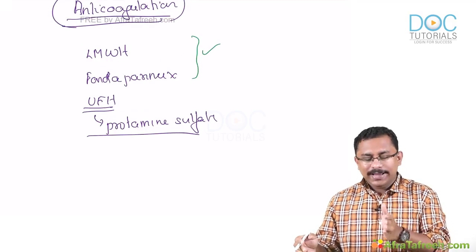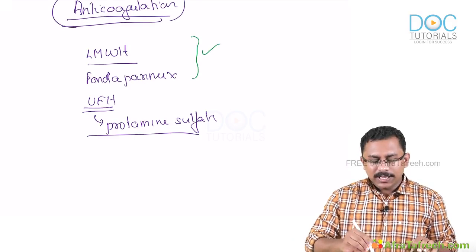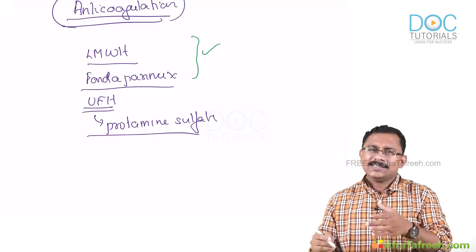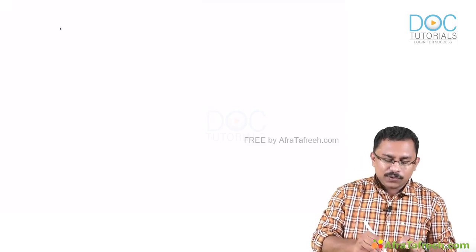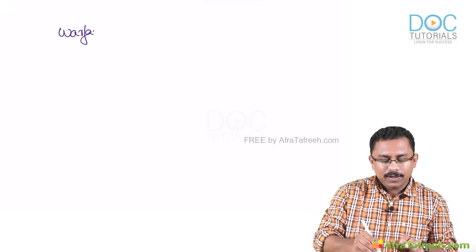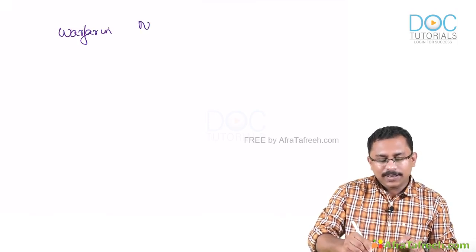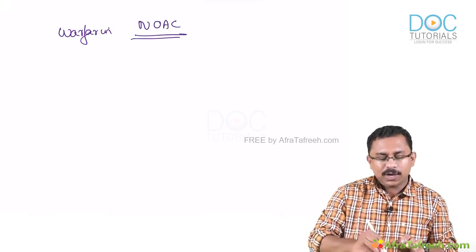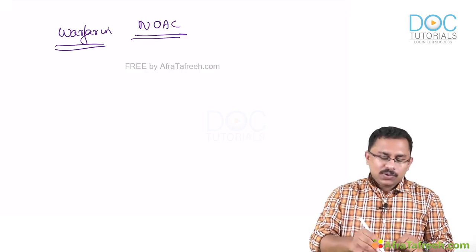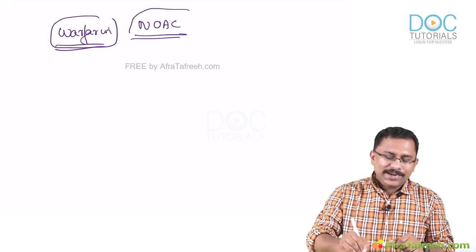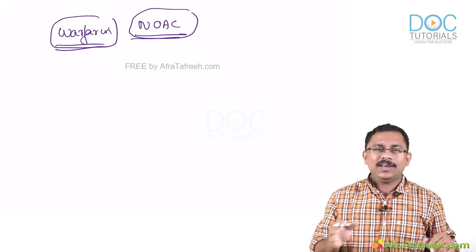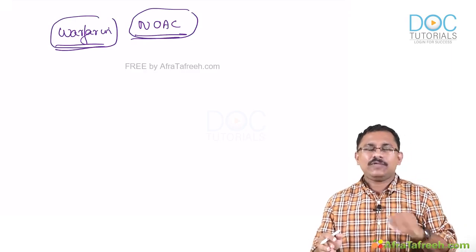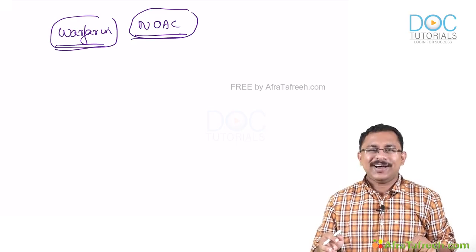Initially you would anticoagulate with low molecular weight heparin or fondaparinux, in some scenarios unfractionated heparin, and then you would introduce oral anticoagulants. Either you can go for warfarin or the non-vitamin K oral anticoagulants, the NOACs. You can bridge with warfarin and low molecular weight heparin for the initial 3 to 5 days, and then switch over to warfarin.